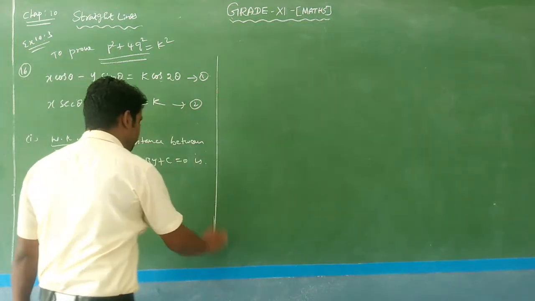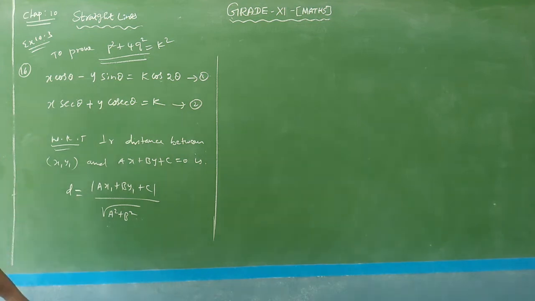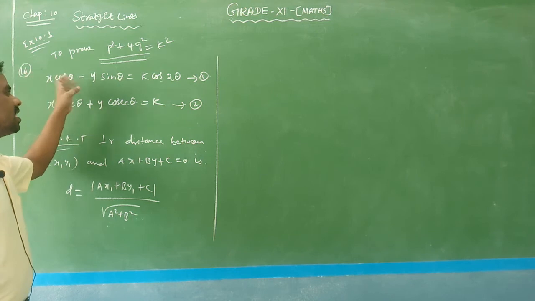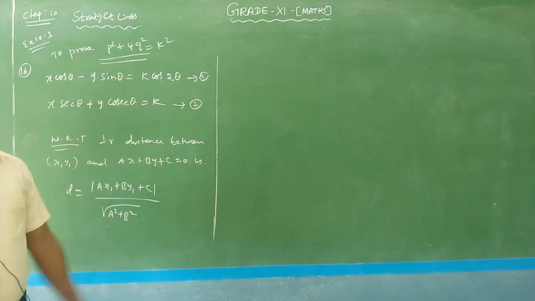First, find the perpendicular distance between the origin and the line x cos theta minus y sin theta equal to k cos 2 theta, that is, x cos theta minus y sin theta minus k cos 2 theta equal to 0.